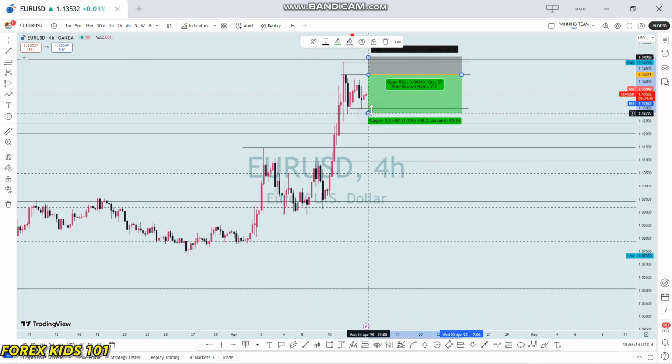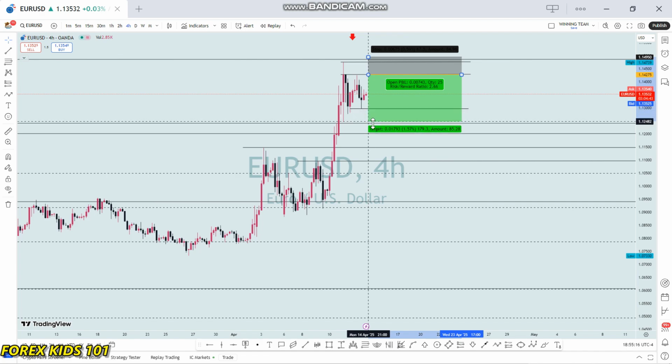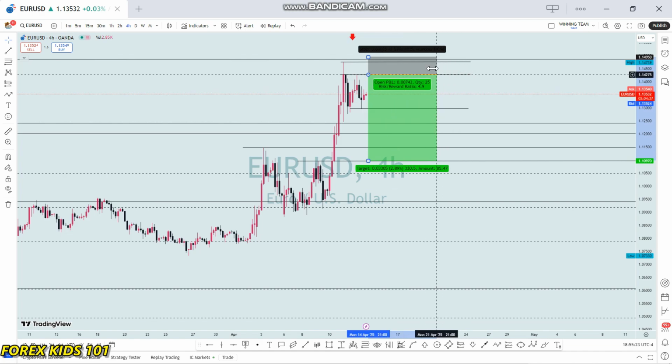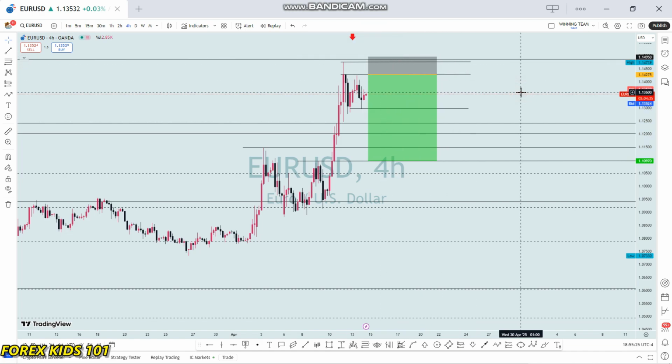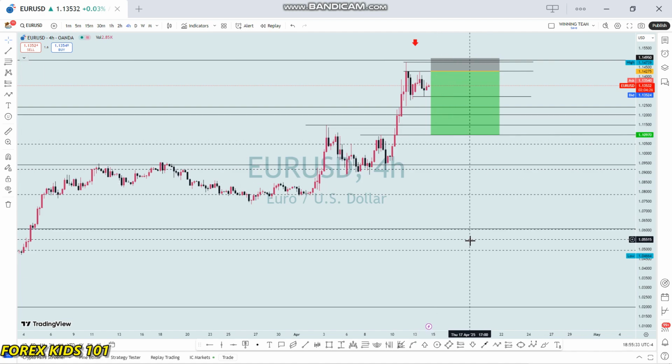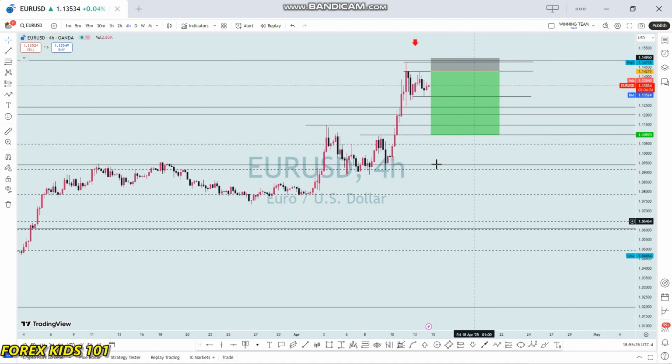My first TP is just gonna be there, then the second one here, and the last TP might be down here. That's what I'm gonna be looking for on the pair EURUSD going throughout this week. This is my first trade that I will take, but if we end up pushing all the way down there, I'm gonna look for buys all the way down there, guys.